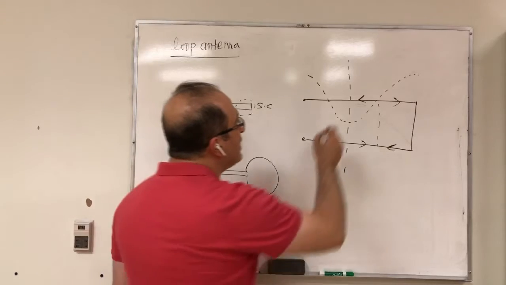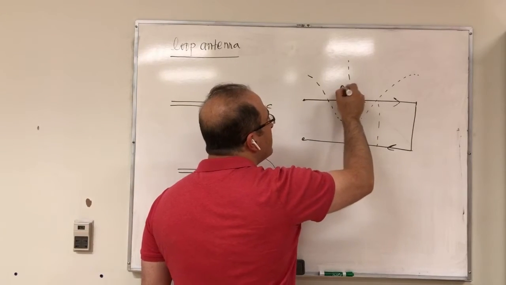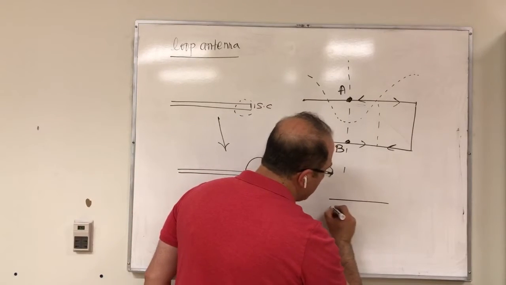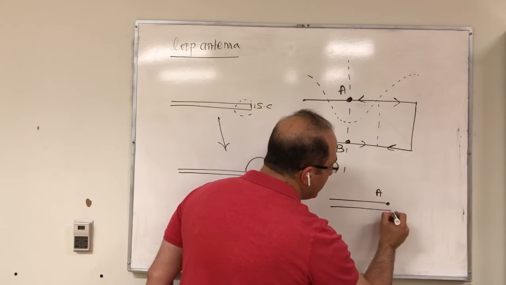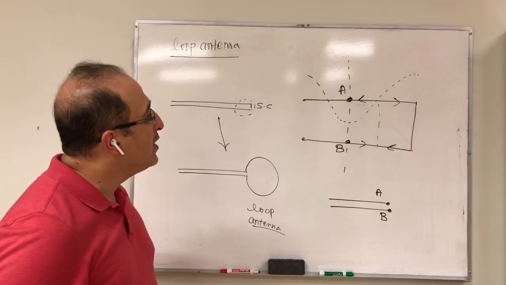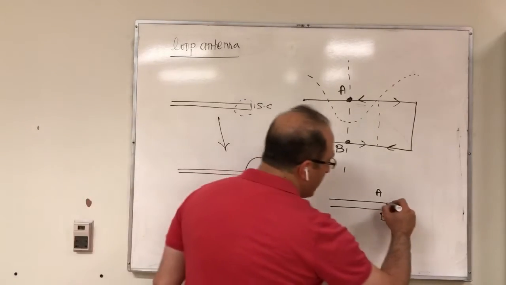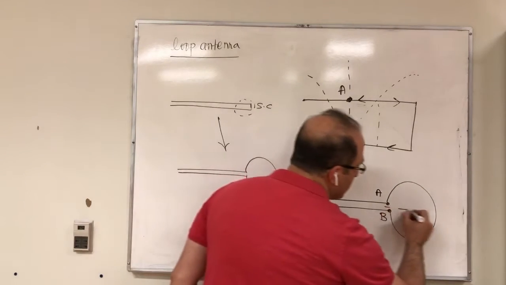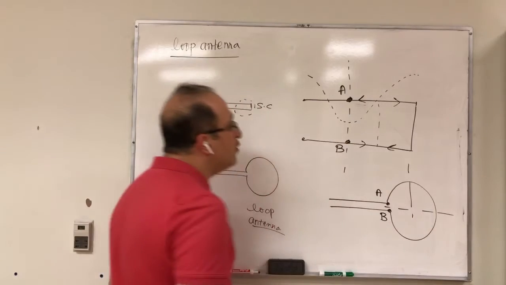But now let's take this point, point A, let's take this point, point B, and make a loop. So this is going to be your point A, this is going to be your point B. Now I'm plotting them close to each other. So now I'm going to have a loop like this. So that's going to be my loop.